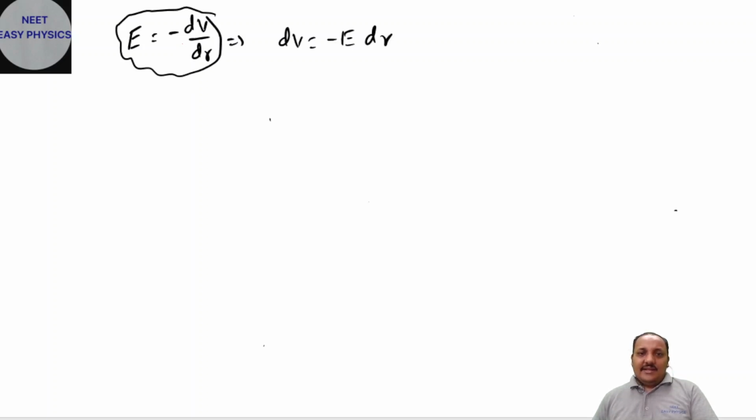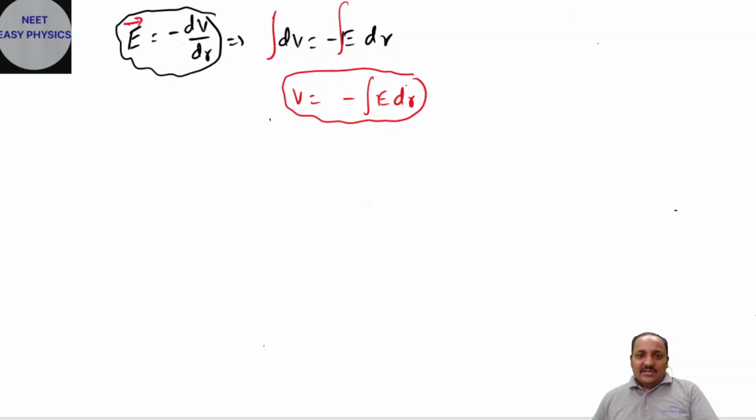So now electric field intensity, another definition: E is equal to minus dV by dr. Very, very important equation. So dV is equal to minus E dr. We will do integration on both sides to get potential. So V is equal to minus integral of E dr. Very, very important equation, this one. Electric field intensity is a vector quantity.